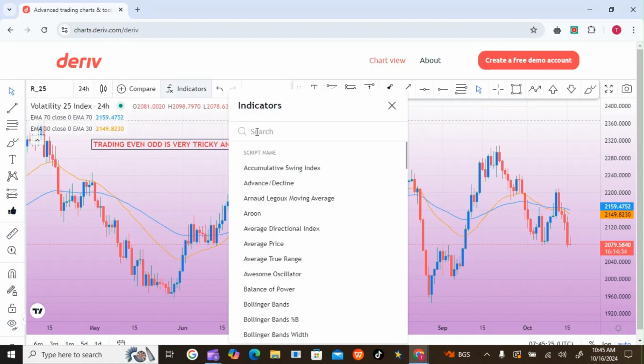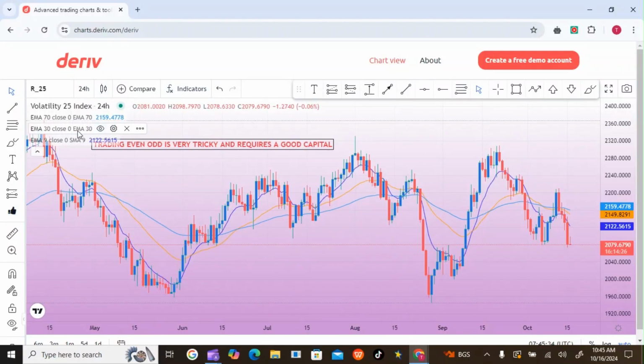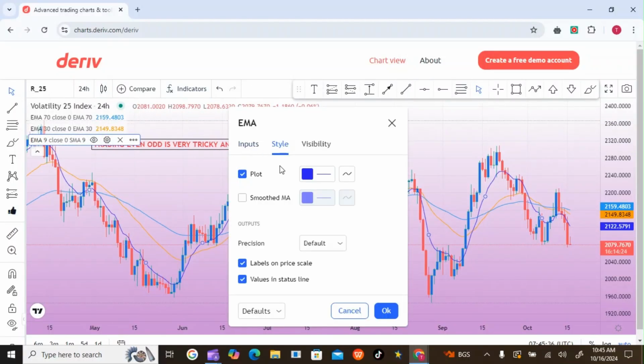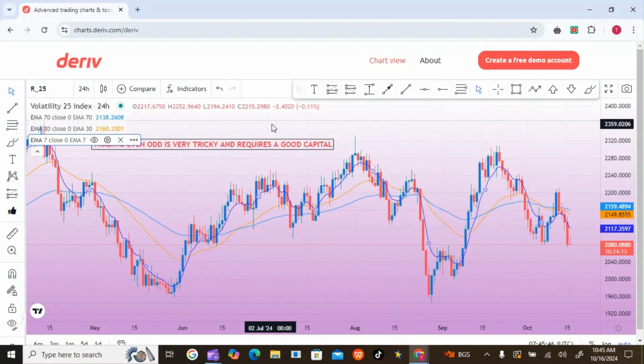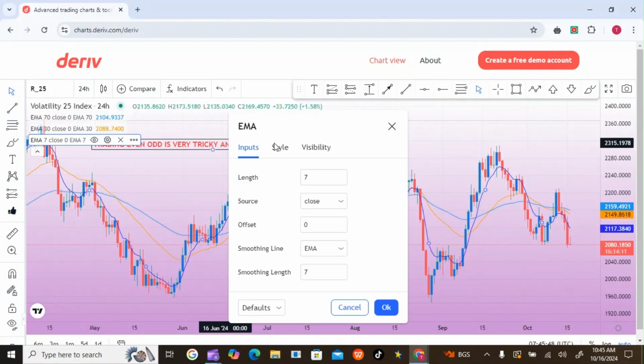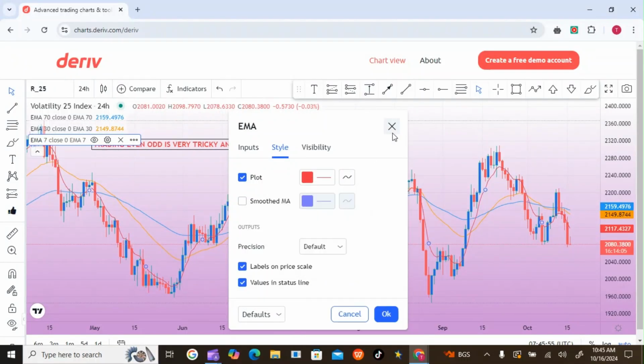Then add another exponential moving average, and this time round you put the length at 7 for the inputs, and this one to 7, and then EMA. Then change the style to red, and we are done.